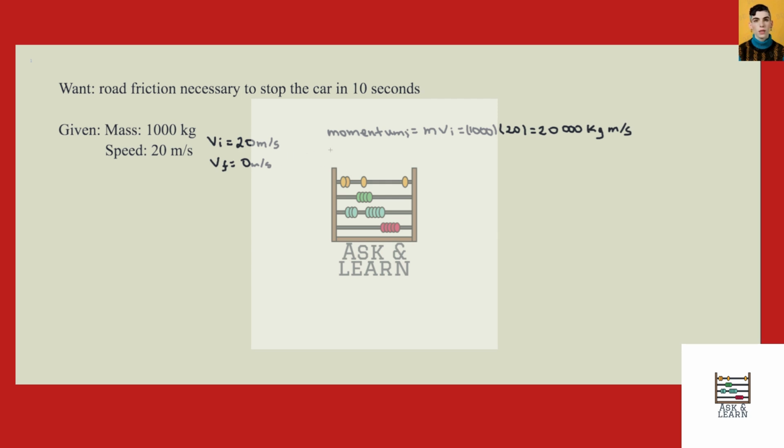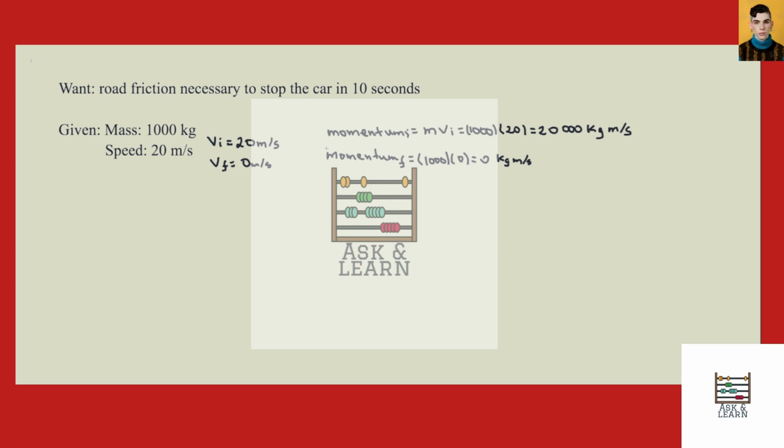The final momentum, P F, is going to be equal to the mass of the car, 1,000, multiplied by the velocity of the car, which is 0, and we get 0 kilograms meters per second.